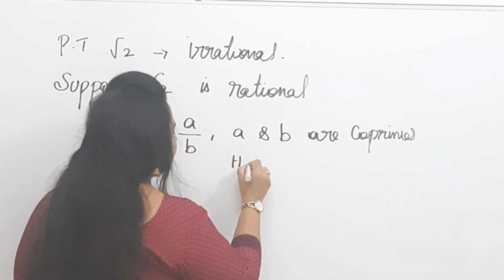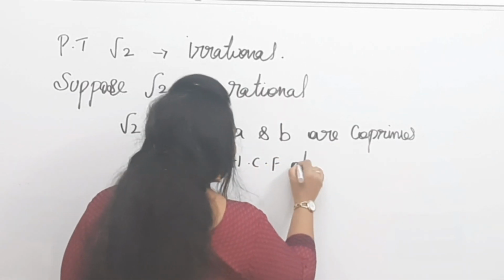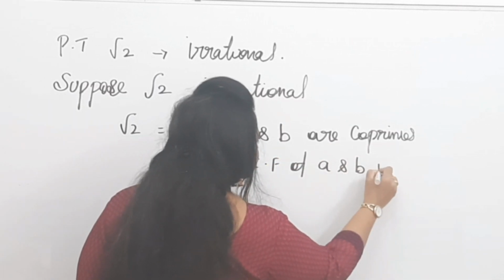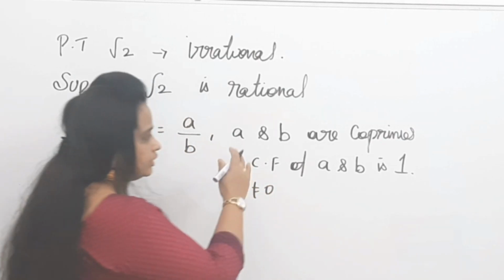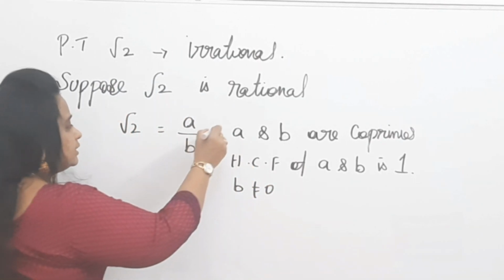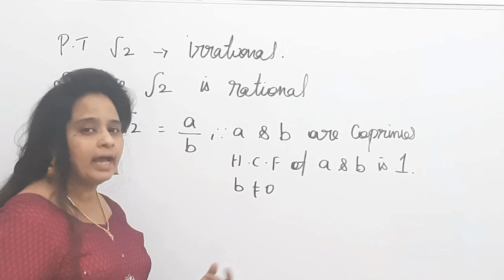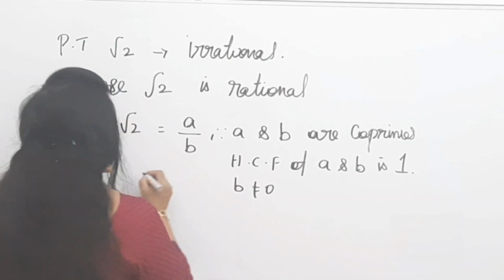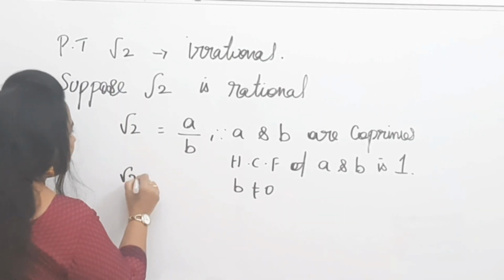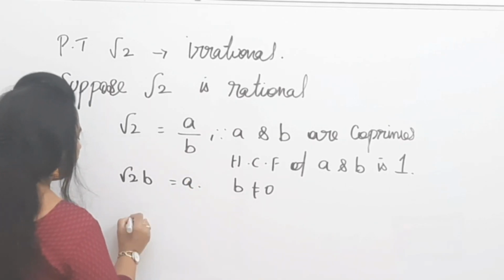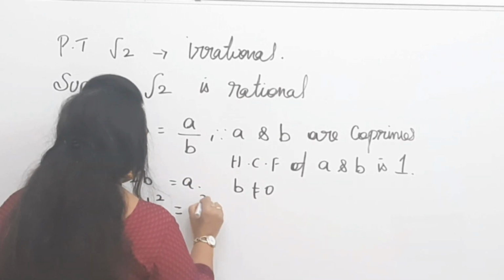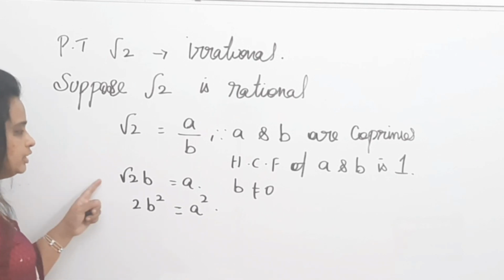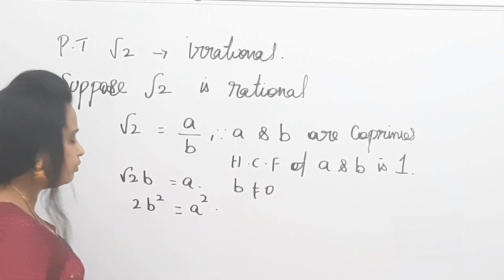So, the HCF of a and b is just 1, and b is not equal to 0. This is the condition, since I can express root 2 as a by b. Now, I can take root 2 b is equal to a, and squaring on both sides, I have 2b square is equal to a square.